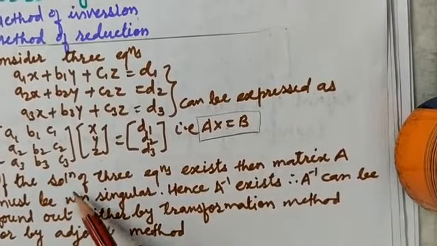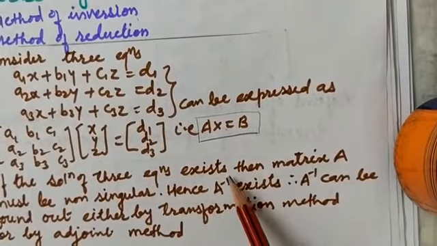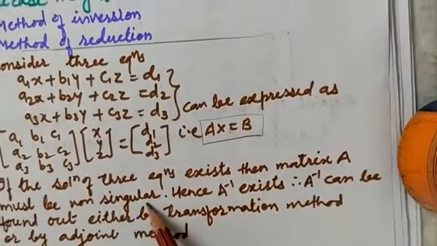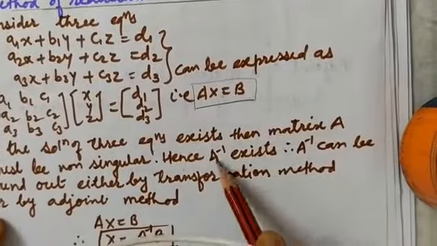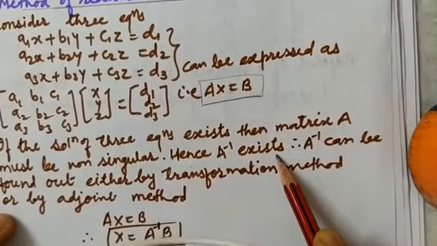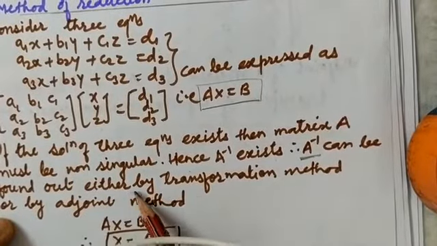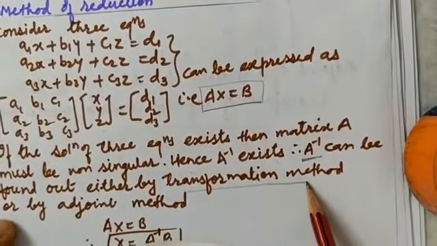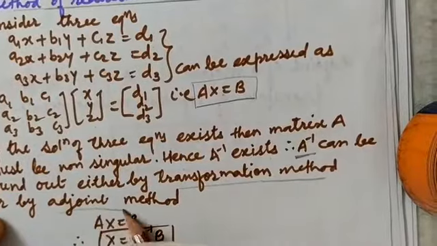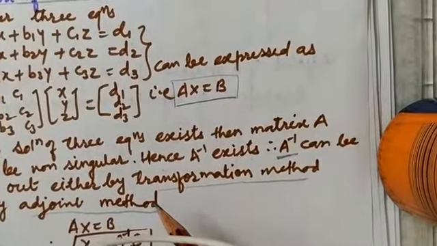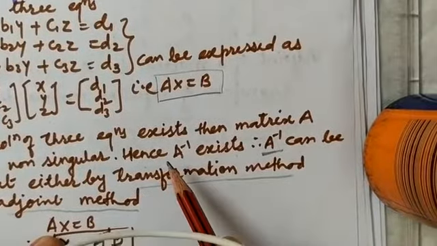Now if the solution of this equation exists, then matrix A must be non-singular, hence A inverse exists. Therefore A inverse can be found either by the transformation method or by the adjoint method. There are two methods to find the inverse of a matrix.